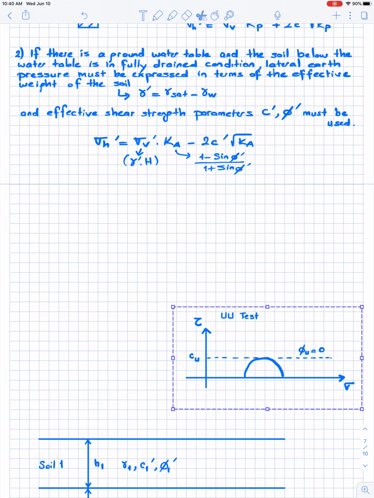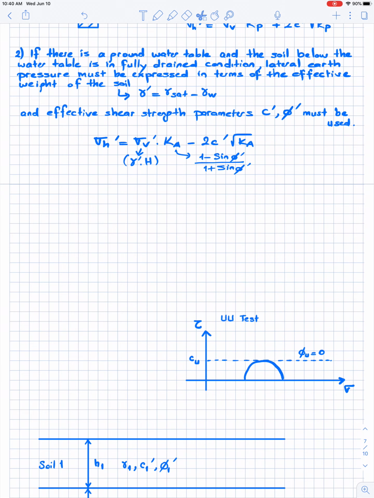This is another situation that we need to handle. One thing that is very important while using the effective parameters, you need to be noting that the total active thrust, you can calculate this as P total.